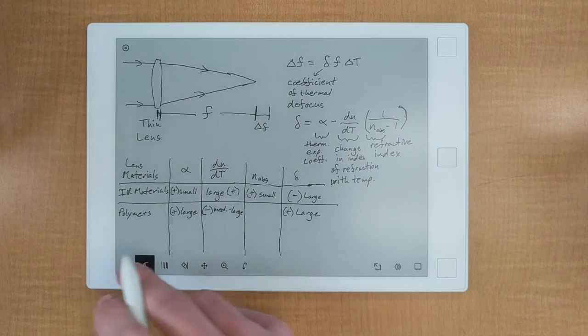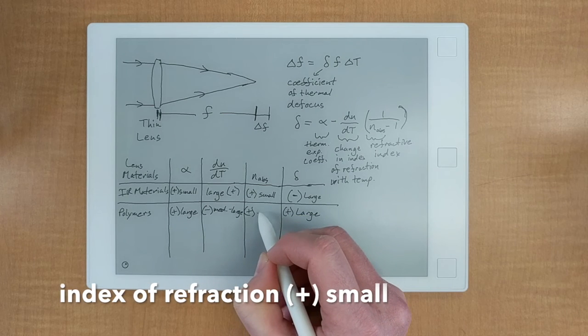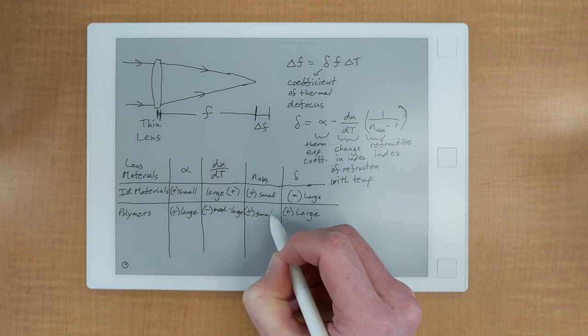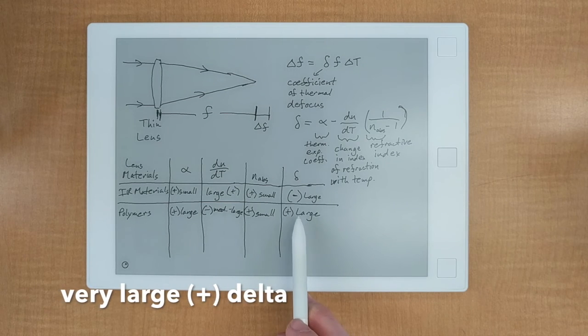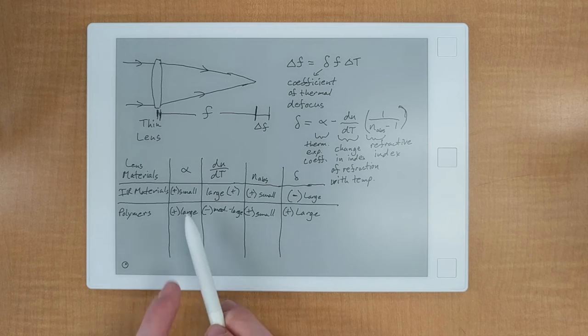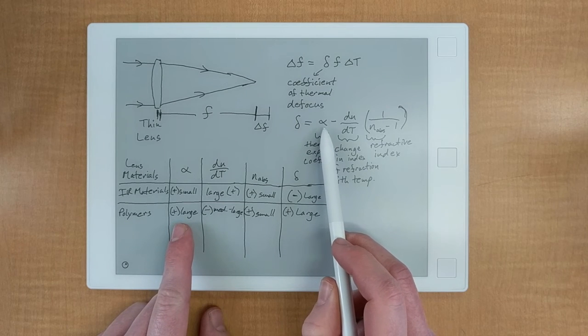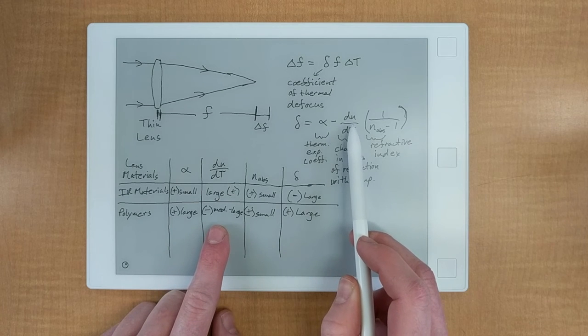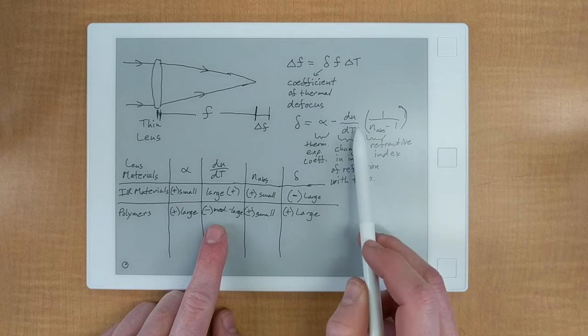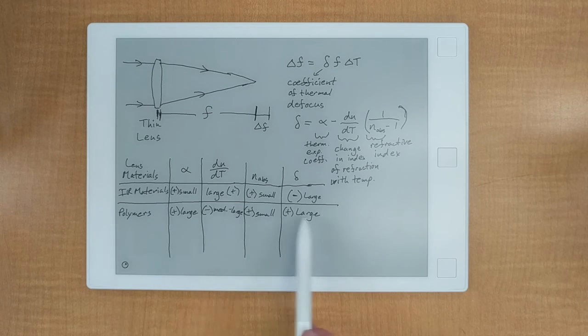So this will actually be positive, but small as well. You'll have a very large positive delta because a positive thermal expansion coefficient that's large minus a negative dN dT makes this term positive. So for polymers, this is going to be a very large number.